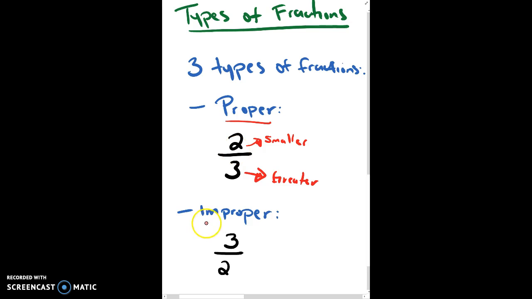And then there is the improper fraction, where the number on top, or the numerator, is actually the greater number, and the number on the bottom is smaller. Keep in mind, always keep in mind that that fraction bar means divided by.